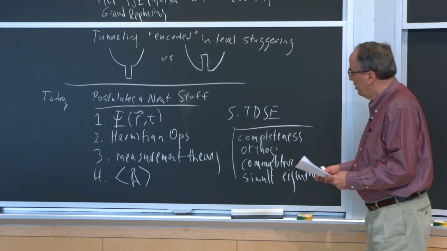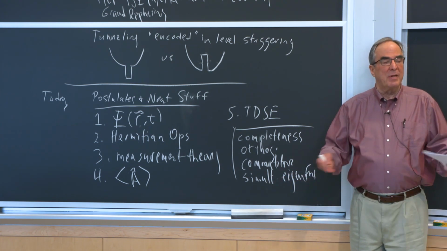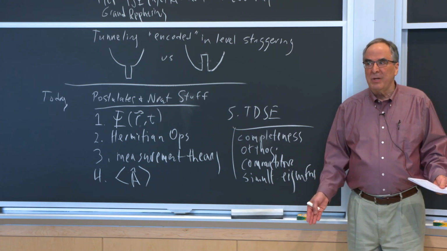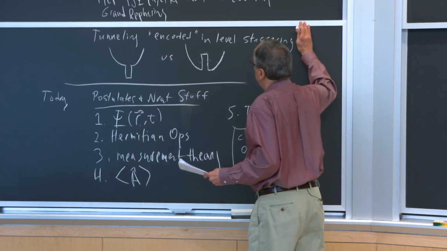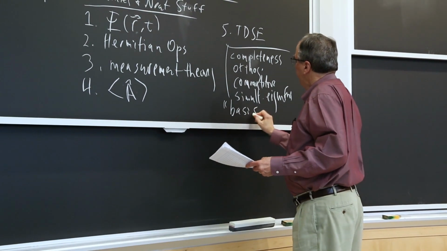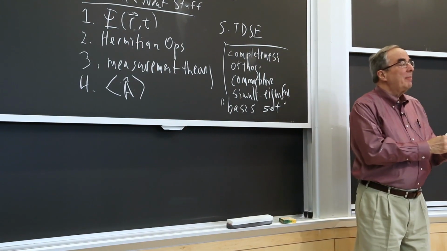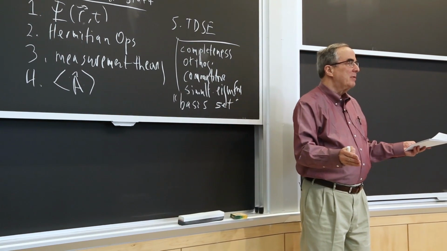And so we are interested in, can we have simultaneous eigenfunctions of several operators? And the answer is yes, if the operators commute. We use the term basis set to describe the complete set of eigenfunctions of some operator.